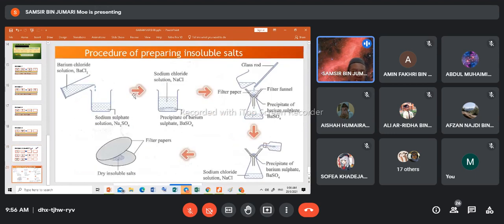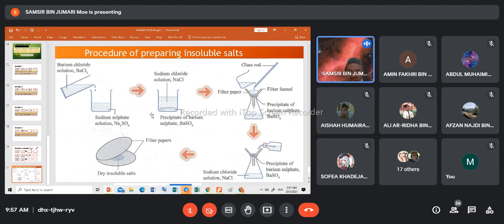Okay, ini dia punya prosedur eksperimen dalam makmal. If you want to prepare the insoluble salt, these steps very simple. Just we put together the two solutions. For example, here to prepare the barium sulfate, between barium chloride solution and sodium sulfate solution, in one beaker.